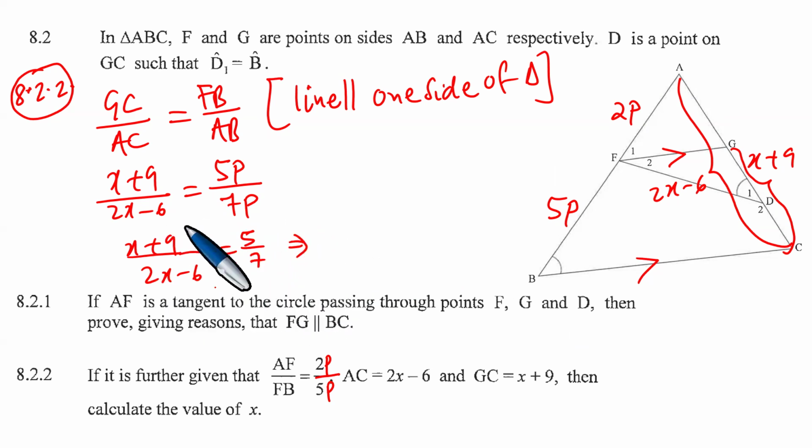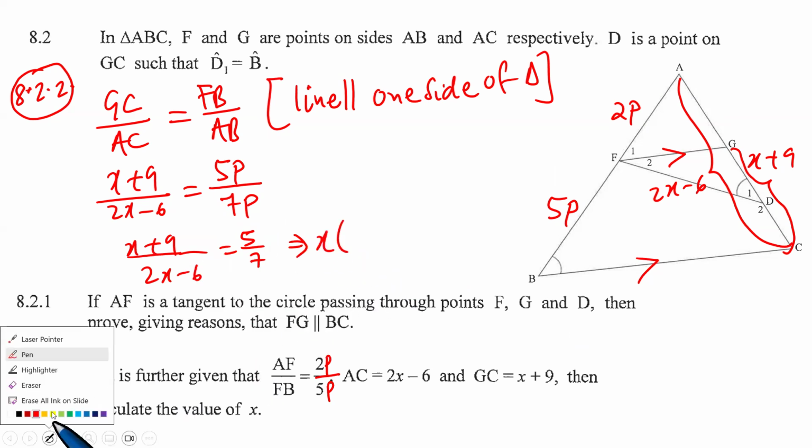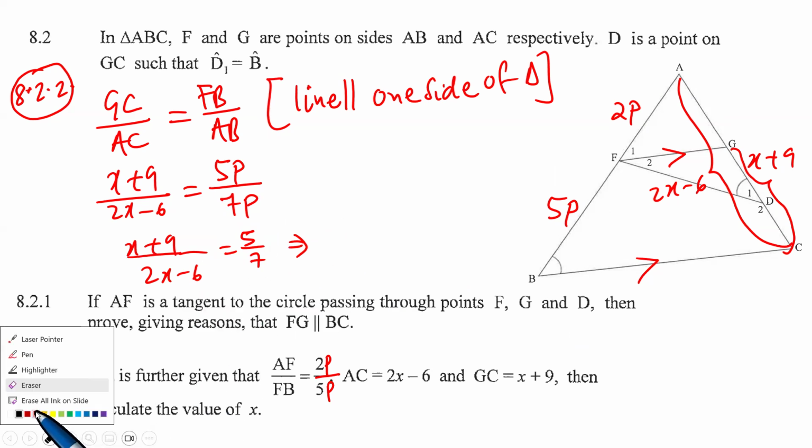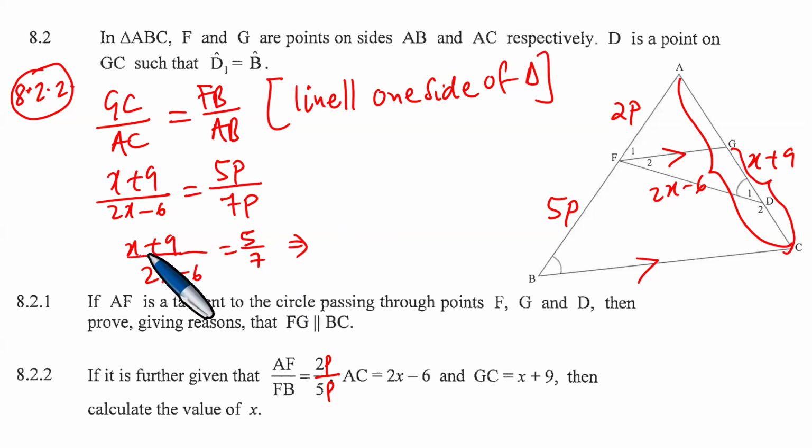Okay, you cross multiply here. Cross multiplication becomes 7 times x plus 9 is 5 times 2x minus 6.